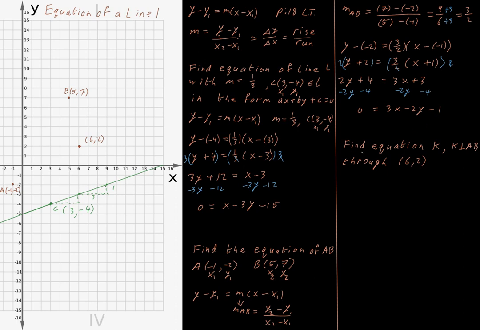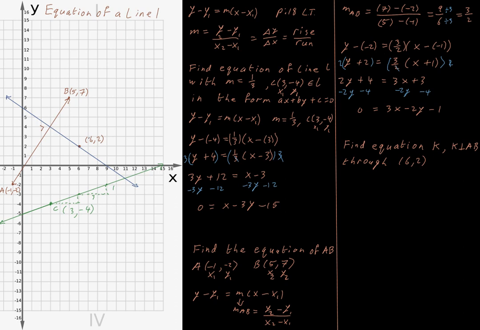And finally, find the equation of the line k, where k is perpendicular, so our upside down t-square means perpendicular, to the line AB, and it goes through the point 6, 2. So let's draw that in. We know that our line k is perpendicular to AB.